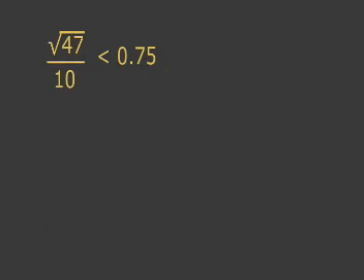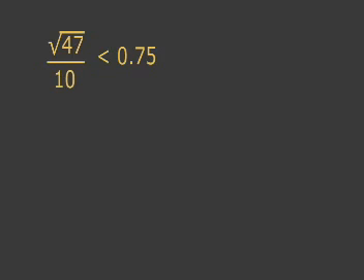Let us look at the second question. The square root of 47 over 10 is less than 0.75. Before we square the numbers, we can change 0.75 into its rational form.